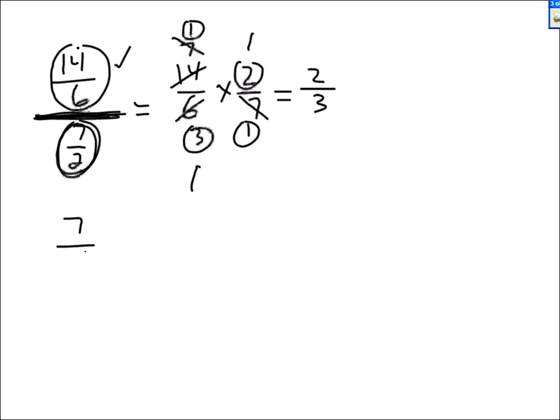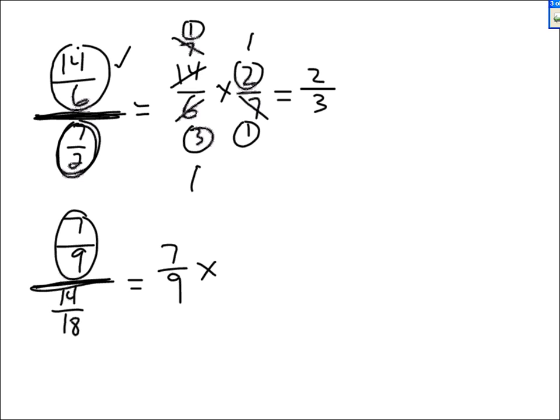You have 7 over 9, and you want to divide this by 14 over 18. You keep the top number. You change division to multiplication, and you flip over the bottom number. And I guess you're going to get 1. Because 7 goes into both of these numbers 1 time and 2 times.